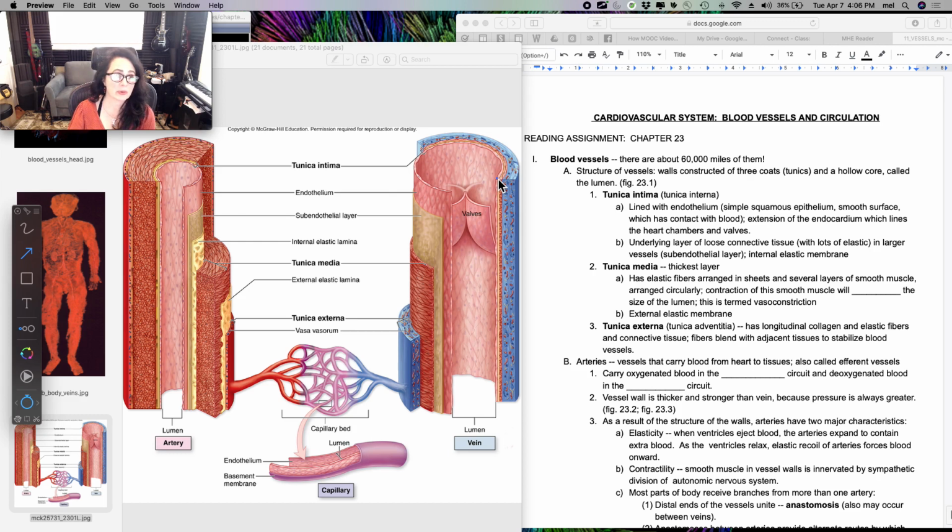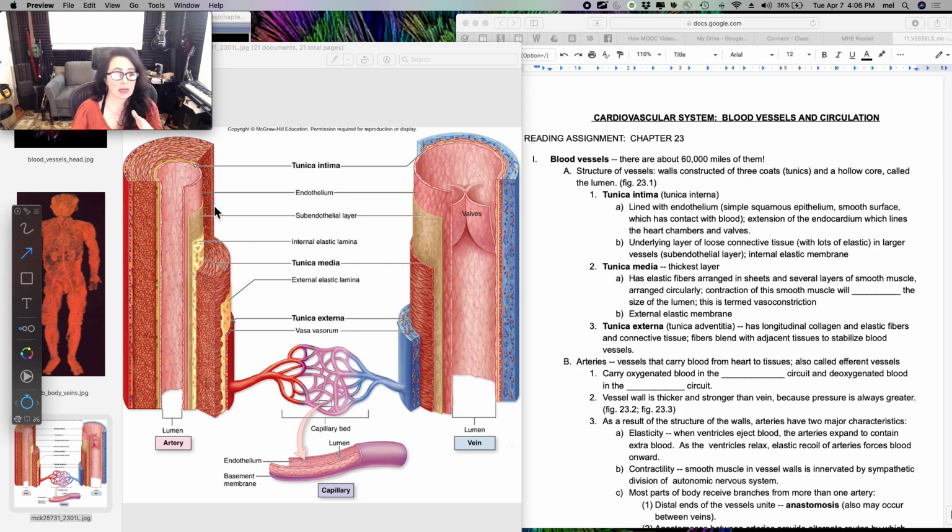It should be continuous with the endocardium of the heart. Deep to that is a layer of loose areolar connective tissue just under the tunica intima. It's usually got some elasticity to it.